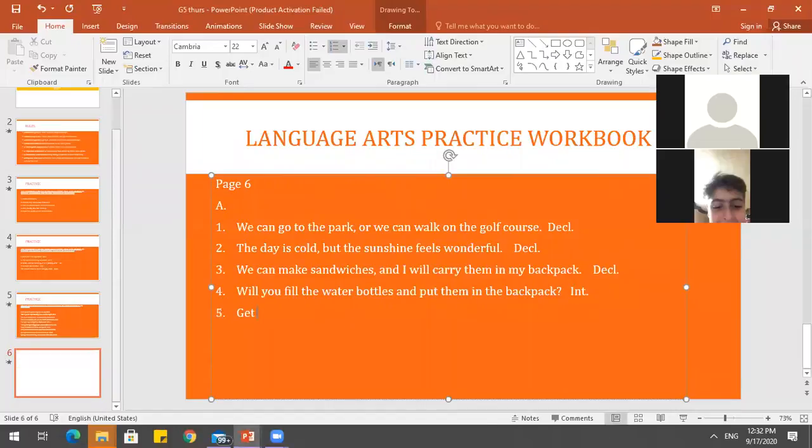And where do we put the and? After gloves. Excellent. Comma and then you will be ready to go. And what type of sentence is this? Declarative.